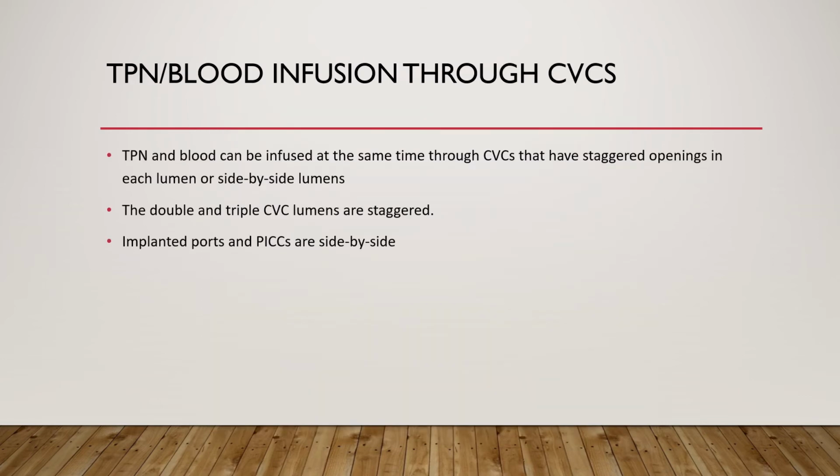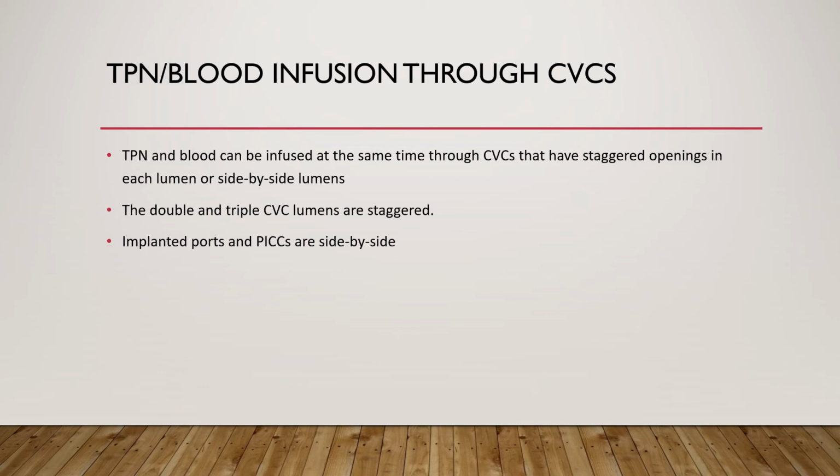So again, as I told you about the staggered openings, TPN and blood can be infused at the same time provided they have staggered openings. Staggered openings means that the openings are not at the same level. And the double and triple central lumens are staggered. They are at different openings. Implanted ports, PICC lines usually are single lumen lines, but if they are double lumen lines, then the ports will be side by side.